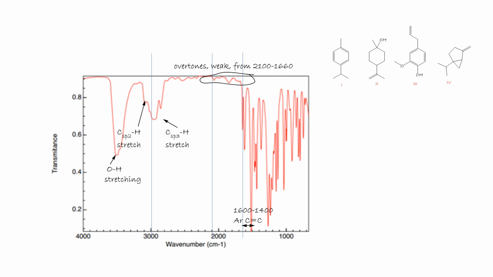Here again, we have an OH stretch. We have the carbon sp2 H stretch, carbon sp3 H stretch, and if we look for the aromatic area, yes, we have here the overtone peak for the carbon-carbon aromatic from 2100 to 1660, and when we look at the area of 1600, 1400, we have, as we can see here, multiple peaks, which means that it's supporting structure 3.